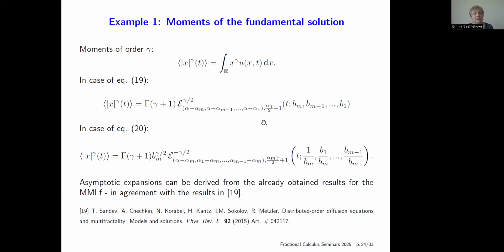If gamma is 2, then we obtain the mean square displacement. And from the properties of multinomial Mittag-Leffler functions, we can derive properties of these moments.